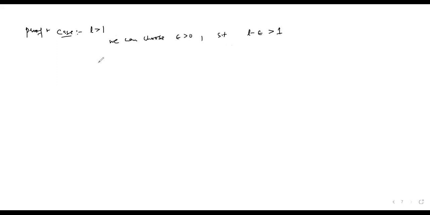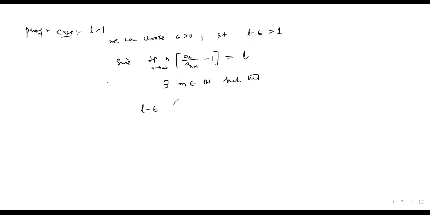So now, since limit n approaches infinity of n times (a_n divided by a_{n+1} minus 1) is equal to L, then there exists m belonging to the natural numbers such that L minus epsilon is less than n times (a_n divided by a_{n+1} minus 1), which is less than L plus epsilon, for all n greater than or equal to m.